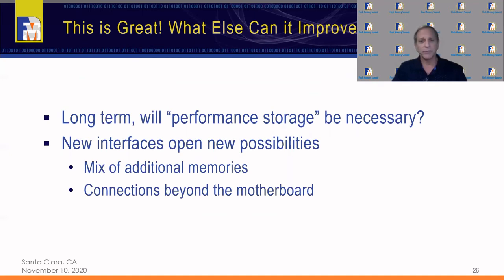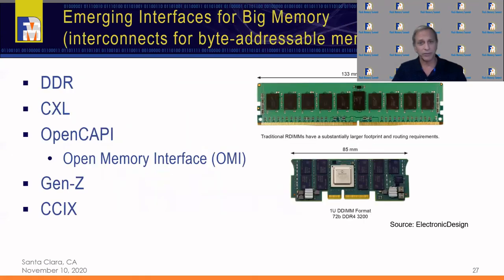Furthermore, several new interfaces are under development that are designed for heterogeneous systems of memory and compute. They may enable the improvements MemVerge has made for local memory to extend to much larger pools of networked memory. The interfaces to watch are shown here. Along with DDR DRAM interface, there's CXL, the Open Memory Interface subset of OpenCAPI, GenZ, and CCIX.